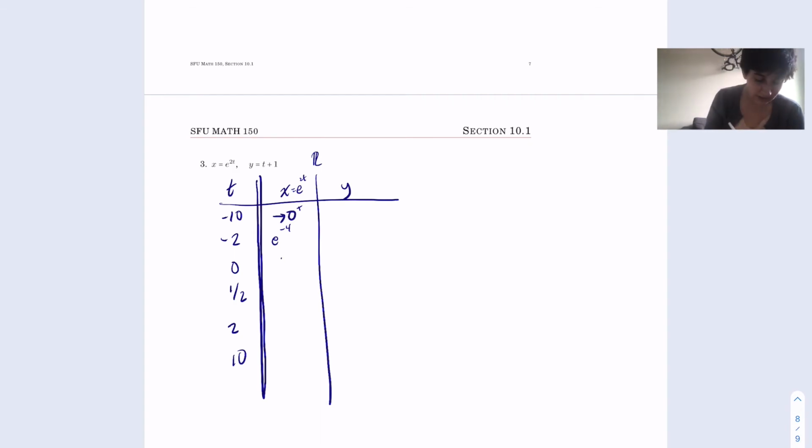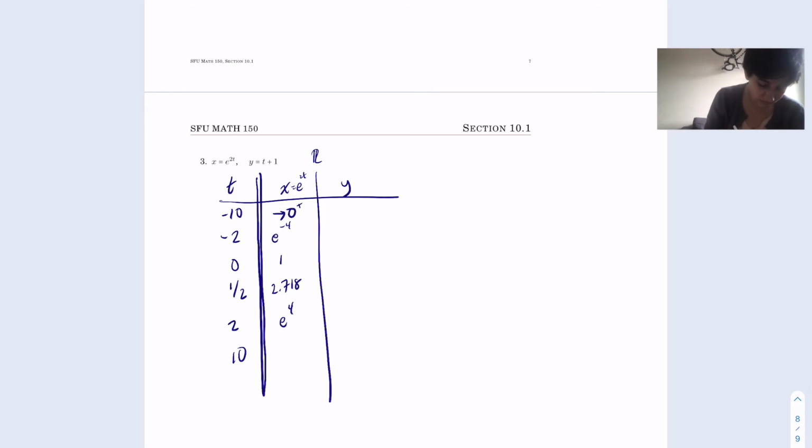E to the 0, well, that's just 1. E to the 2 times 1/2 is e to the 1, which is e, which is 2.718. E to the 4, great. This is e to the 20, which is kind of starting to go off towards infinity, which is nice.